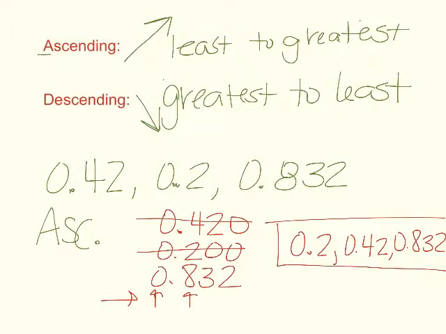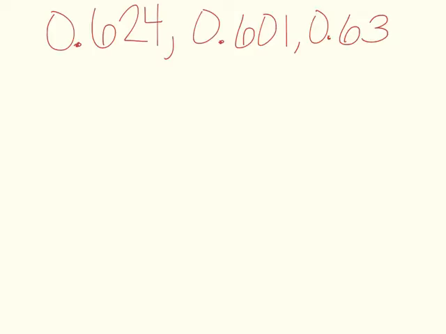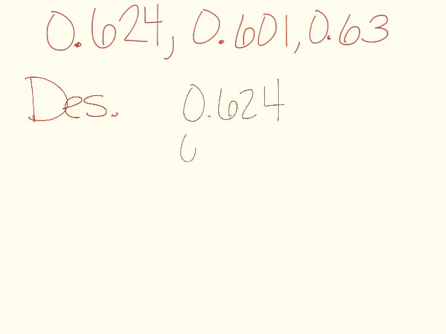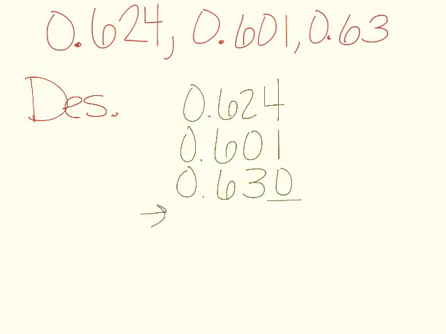Let's try one in descending, and then we're done. Let's order these in descending order. We have 0.624, 0.601, and 0.63. We line them up, add in any zeros in the empty spots, and then we start comparing from left to right.